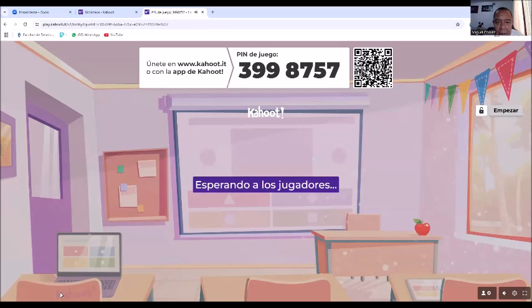Okay, the pin for the game is 3998757, or scan the QR code, please.